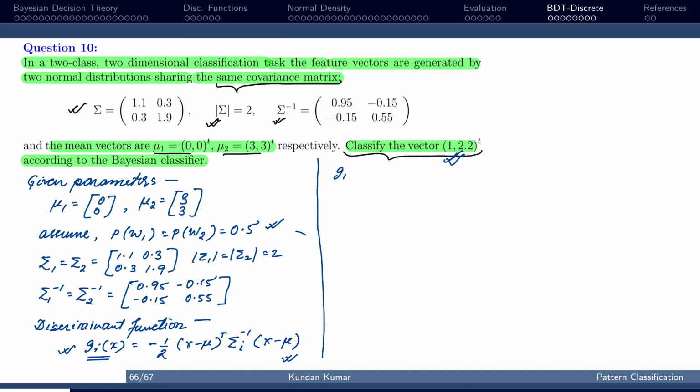So g1(x), where x is (1, 2.2) transpose.